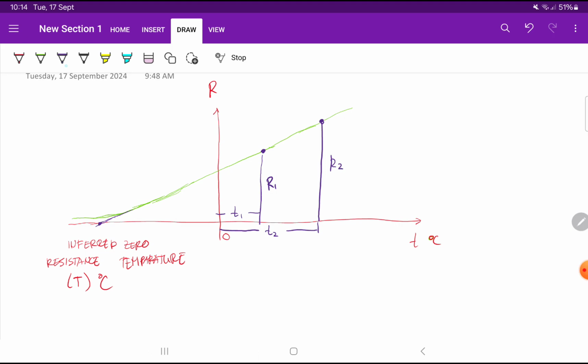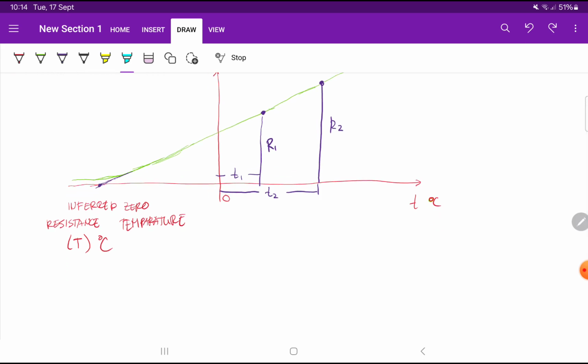If you look at this figure, it's just two right triangles, this one and the other one, and because they are similar triangles, we can apply similar triangles to derive our formula.